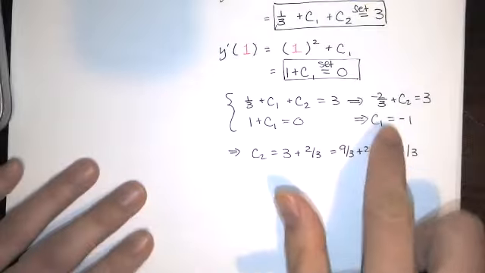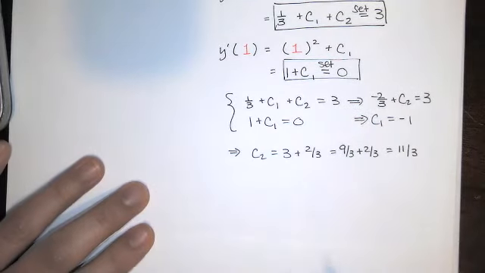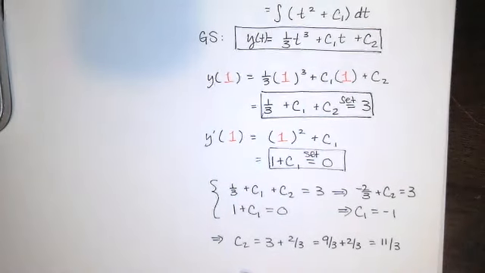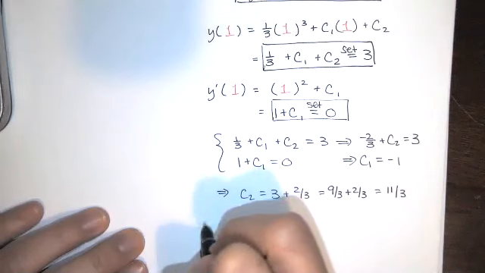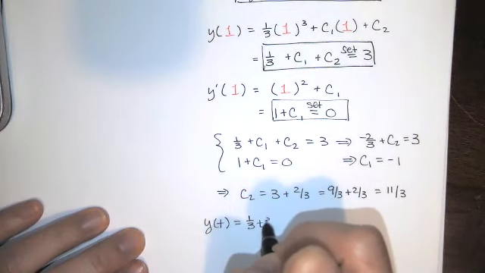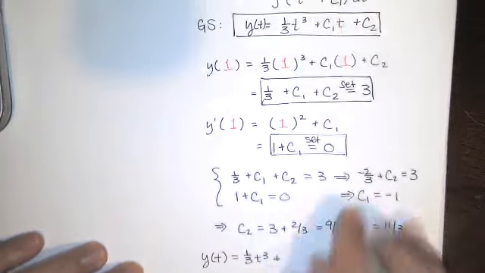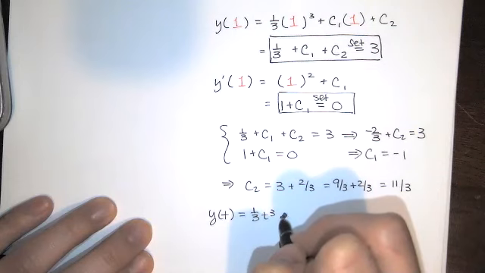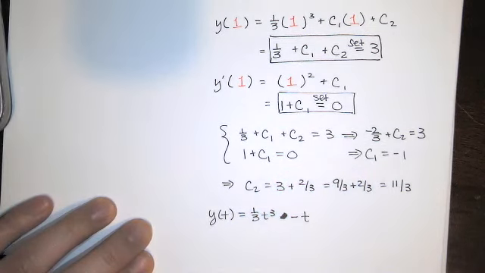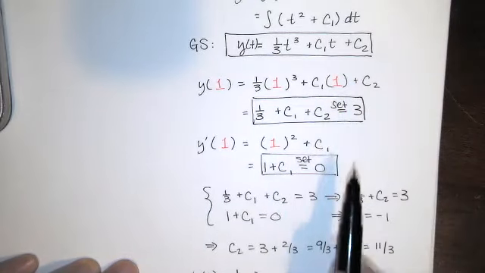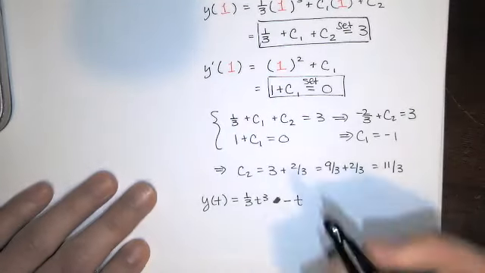Okay, so we have C1 and C2. Again, we're not finished until we substitute those back into the general solution, or back into that family of solutions that we found earlier. So we have y of t equals 1/3 t cubed plus c1 times t, and c1 is actually -1, so I will just say minus t. -1 times t is -t, plus c2, and c2 happens to be 11/3.